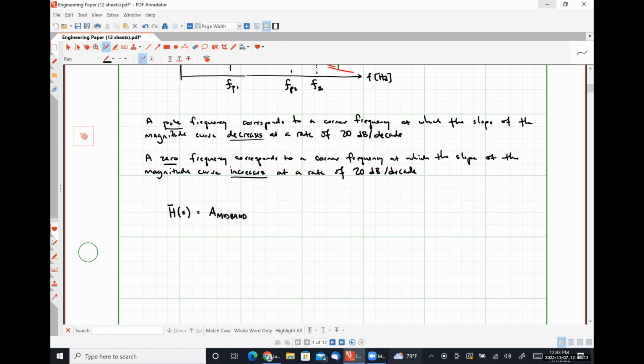So this is our midband gain multiplied by a ratio, 1 plus S over omega Z1 times 1 plus S over omega Z2 all the way to 1 plus S over omega ZN.